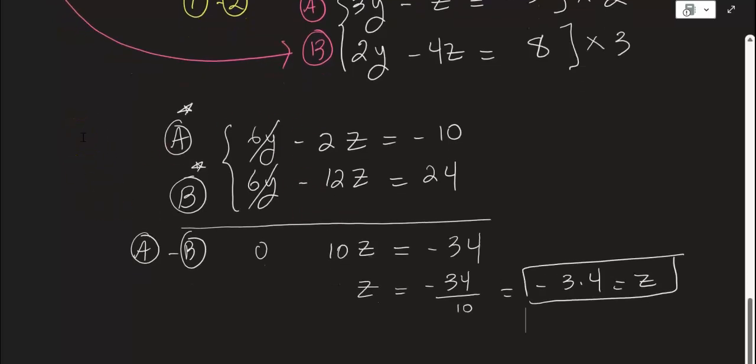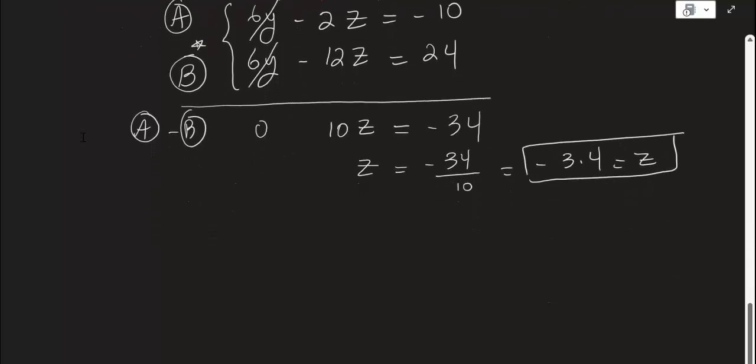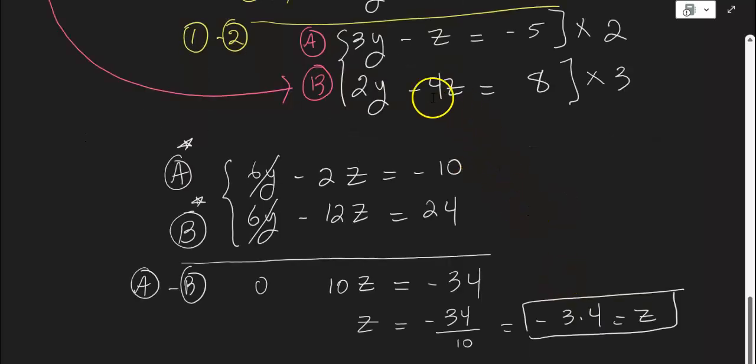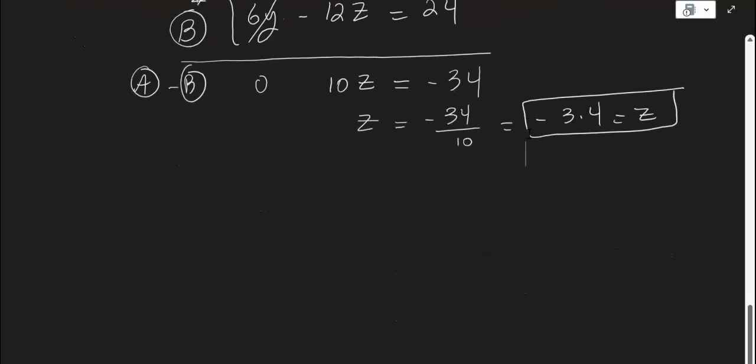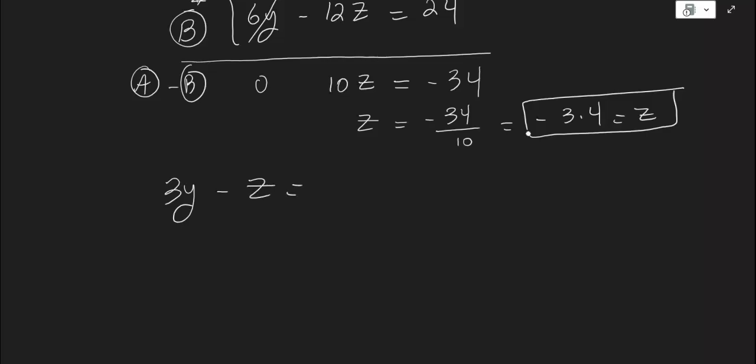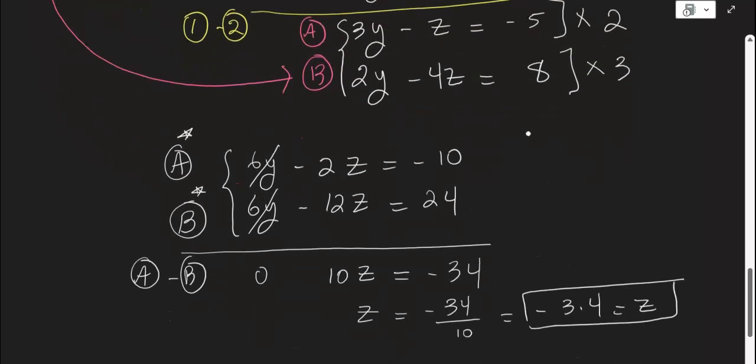Now let's substitute negative 3.4 into equation A. You can plug it into equation B, it doesn't really matter. Either one will work, but equation A will be a little bit easier. 3y minus z is equal to negative 5.